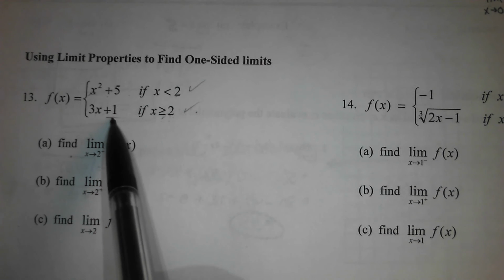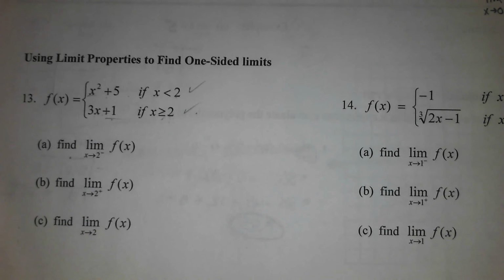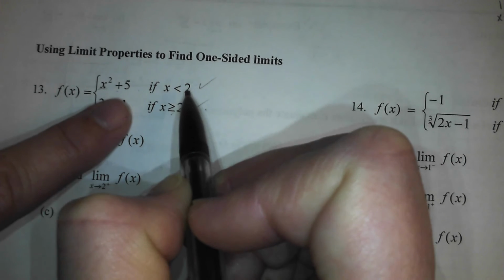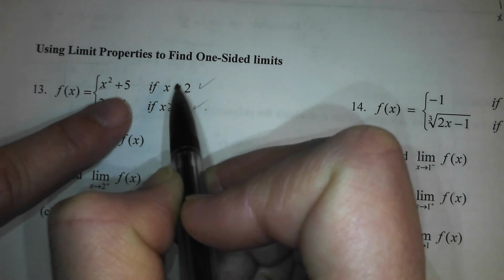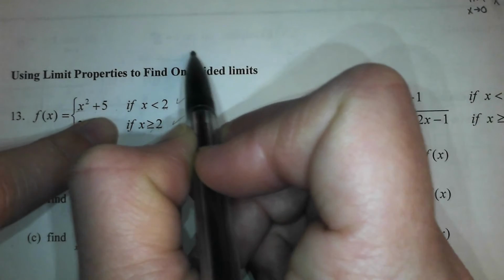Not necessarily going to be the limit value, because remember, in order for the limit to exist, it has to be the same coming from the left as it is from the right. So this particular piece is approaching 2 from which side, the left or the right? When x's are less than 2, from the left.